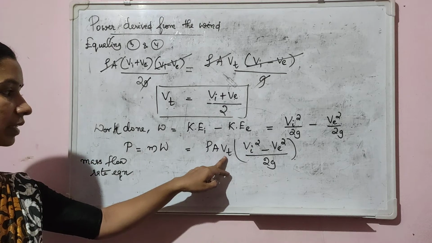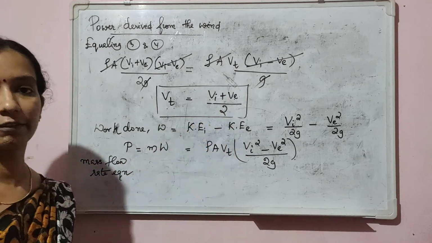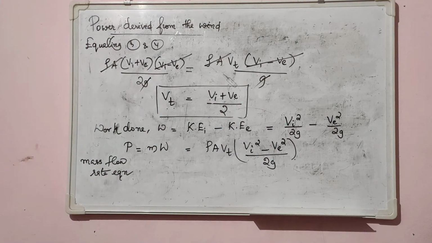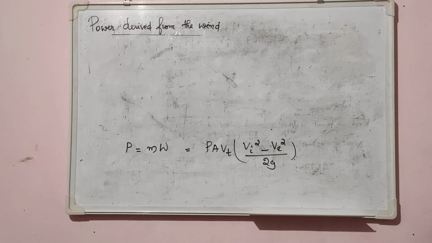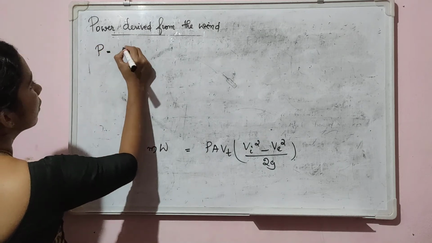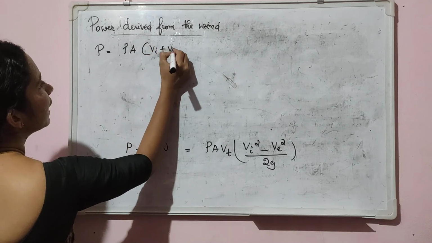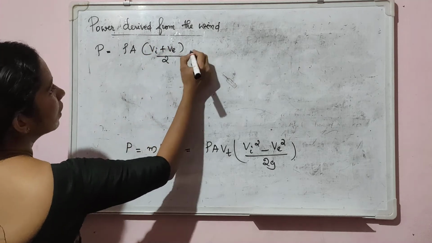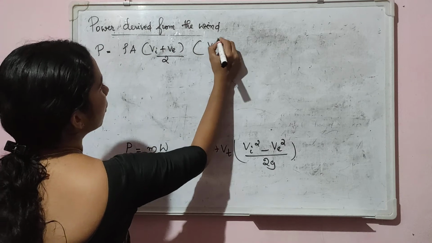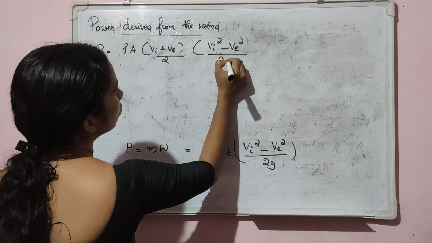So now here, instead of Vt, we have to substitute what? Vi plus Ve divided by 2. So we have to substitute Vt as Vi plus Ve divided by 2. So power becomes rho A into Vt, which is Vi plus Ve divided by 2, into Vi square minus Ve square divided by 2g.